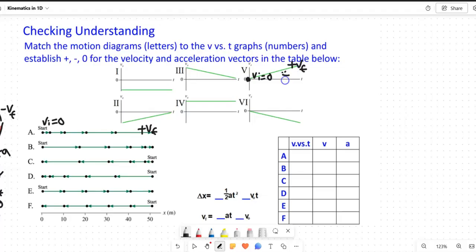And that acceleration, the slope of that line, is going to be positive. So it looks like A matches up with Roman numeral 5. And that's going to show a positive velocity and a positive acceleration. In the graph, though, the initial velocity is 0. But it has a positive velocity, a positive acceleration. Okay?